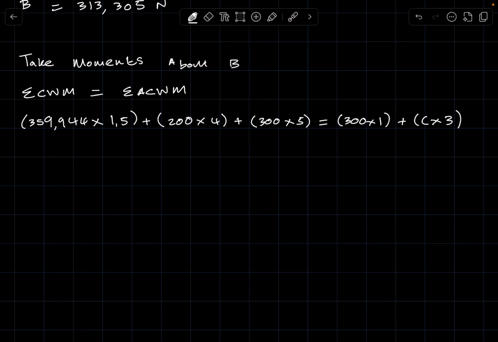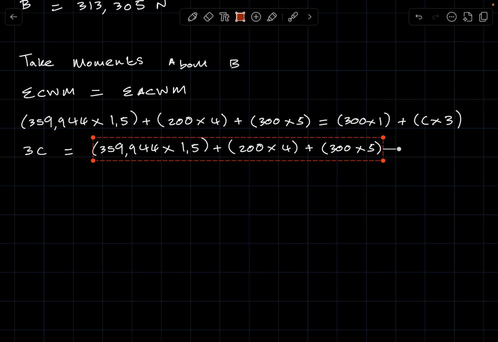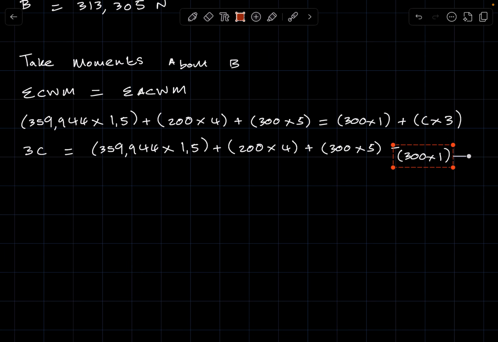So to get that unknown, it means we'll have 3C is equal to, then we are going to transpose this term to that side, which means we will have this, minus, and then this, when you transpose this to the other side, it will be negative.